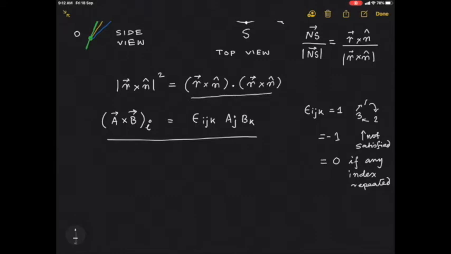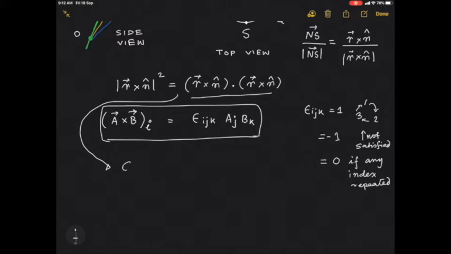This is a very nice closed form of writing the cross product, and we'll see that it makes calculating this a lot easier. You can try to do it with the vector multiplication rules, but let me show you how I will do it right now using this.